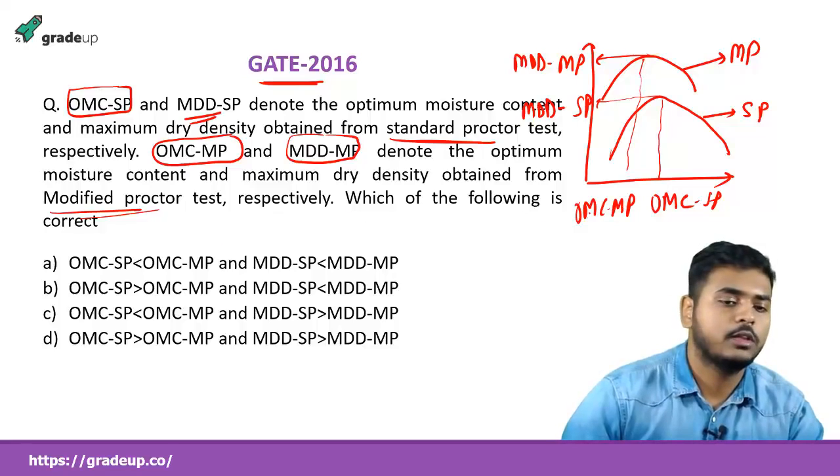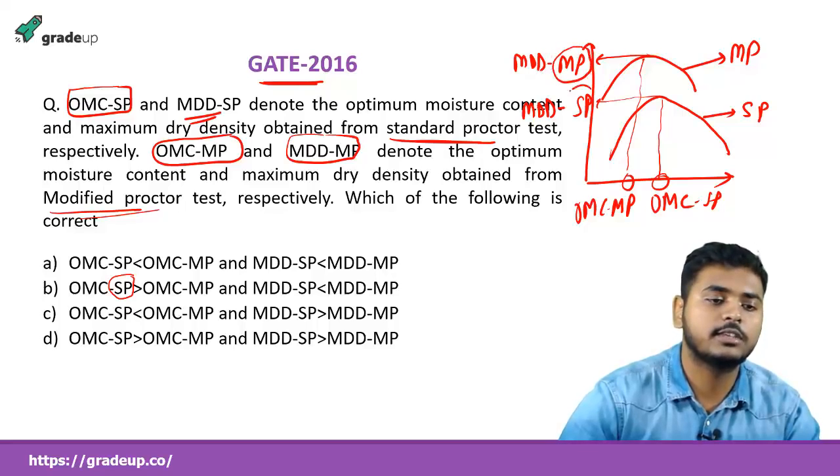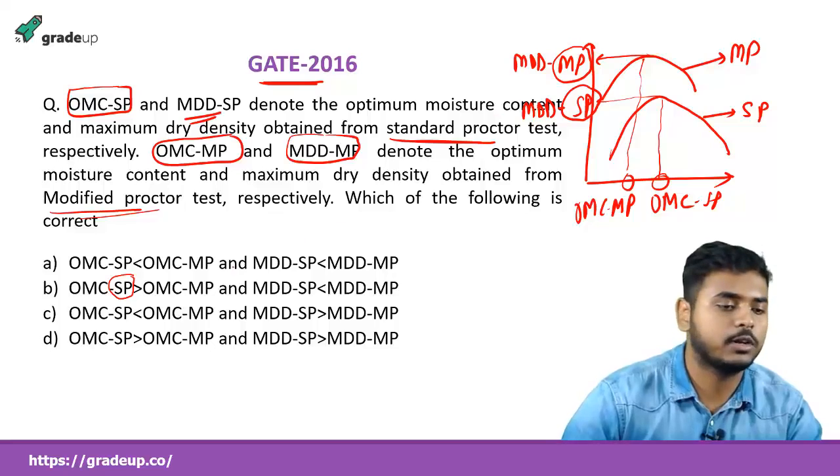Now through this graph we can easily find the answer. The OMC SP, that is standard Proctor test, is greater than OMC MP, okay. This value is greater than this value, so this is correct. And the MDD of the modified Proctor test is greater than that of the standard Proctor test. So option B is correct.